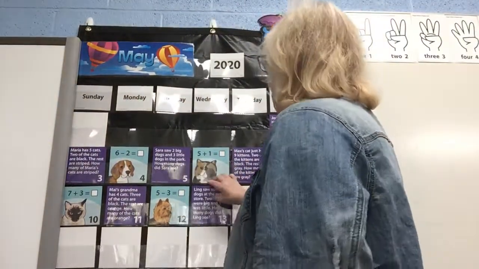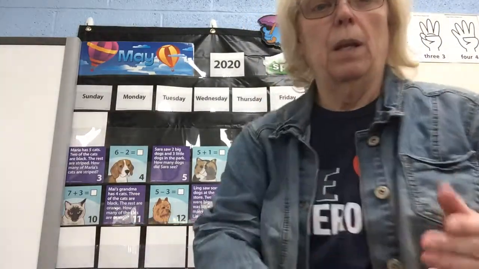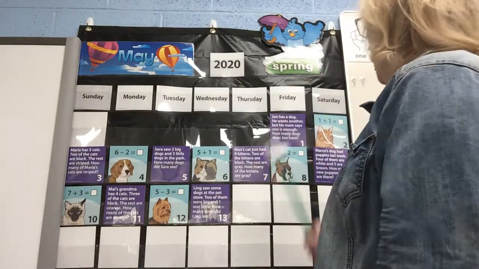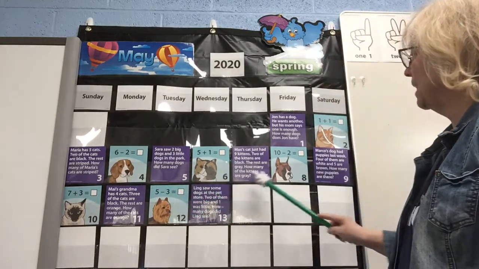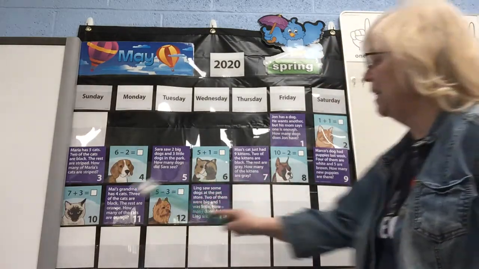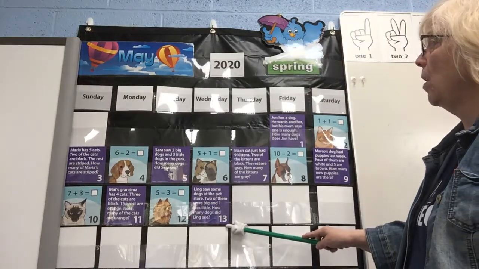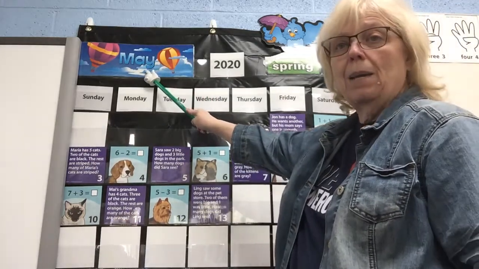Okay. Wow, boys and girls, we did a lot of math problems this morning. So let's do some counting. 1, 2, 3, 4, 5, 6, 7, 8, 9, 10, 11, 12, 13. So we are at the 13th day of May.